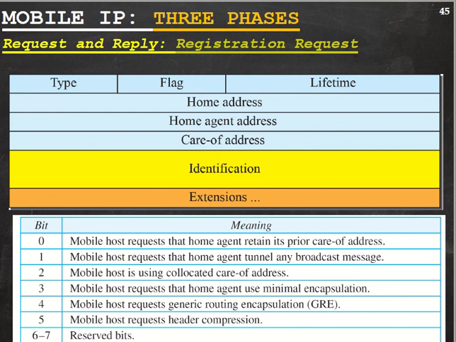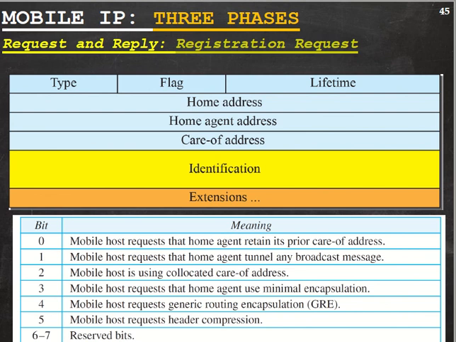Next one is identification, and this is a 64-bit field that is inserted into the request by the mobile host and repeated in the reply message. So this is an identification code inserted by the mobile host when it makes the request, and the same thing will be mentioned when it gets a reply.